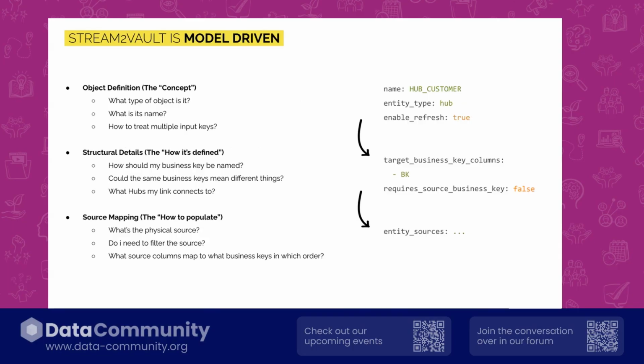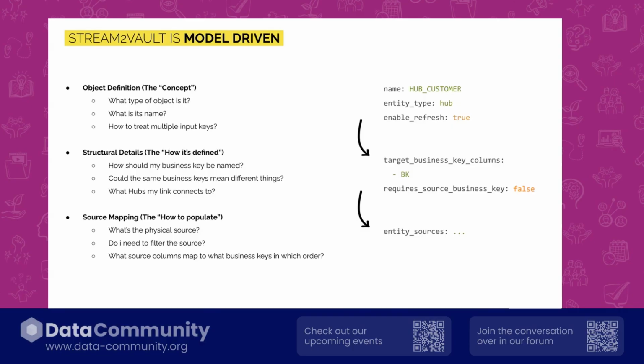You have to first make a decision: I want to model a hub or a satellite or a link. I need to give it a name, and I also need to know if this is a historic object or do I want to receive actually new data for the object. Once you have these very base shared attributes configured, you go a little bit deeper, and here you want to create a structure.